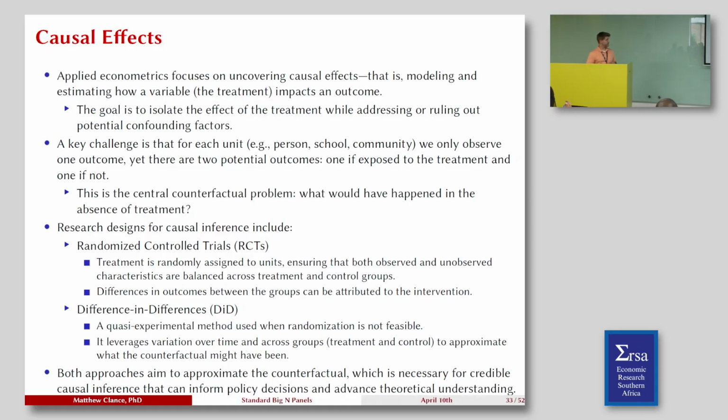Now, the reason these fall into the panel side of what we're doing is that we typically need information across time. Once people receive treatment, we need to see how that changes over time. Usually there's some portion where they're not treated, and then the treatment comes in, and then we see the effect after that. That's why it falls into the panel side.